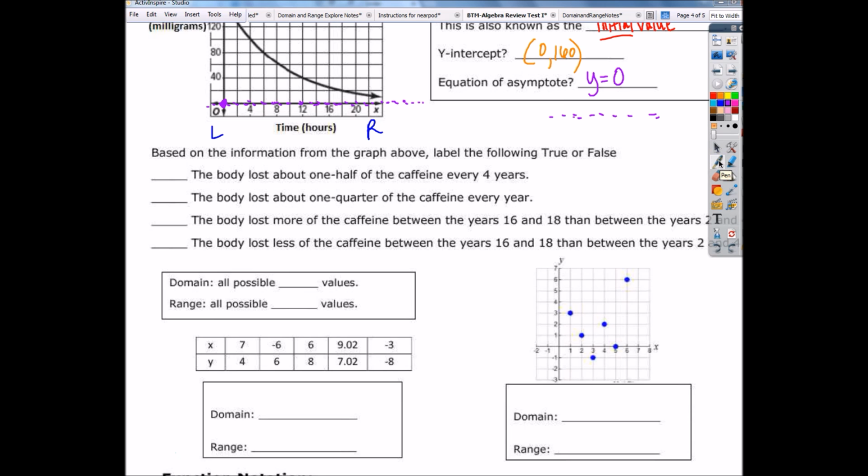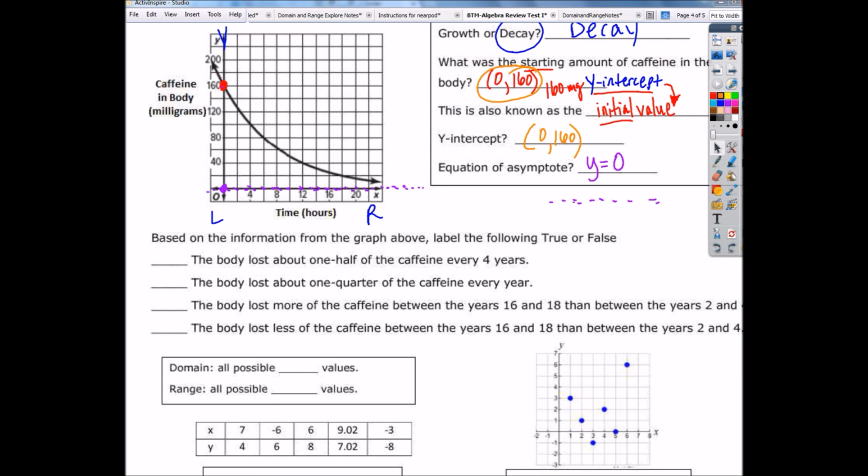Let's see. Based on the information from the graph above, label the following true or false. It says the body lost about 1/2 of its caffeine every 4 years. Now it says about, so we start at 160 and in 4 years we're at, what is that, 100. It's kind of getting close to half. And if you want to make a table, you could say after 0 years, 160.